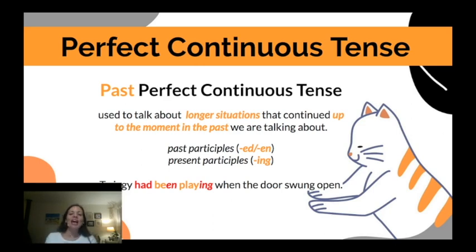Well, she had been playing. Both the door swinging open is in the past, the door swung open, and the activity of playing was both in the past. So I'm showing how those ideas relate to each other. And by using that past perfect continuous tense, I'm showing you that the playing happened before the door swung open.